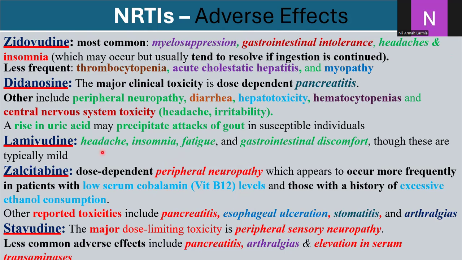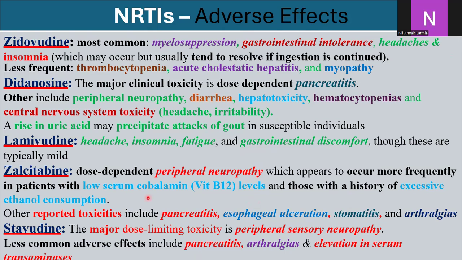So you can give vitamin B12 as a supplement when zalcitabine is given. And for patients who are abusers of alcohol, that can also result in peripheral neuropathy. All right. Zalcitabine can also cause pancreatitis, can also cause stomatitis, can cause ulceration in your esophagus.